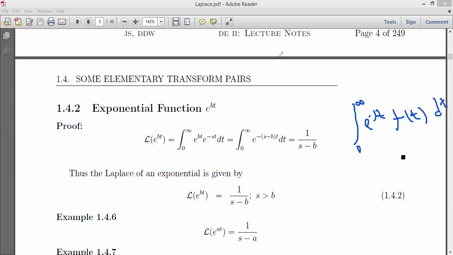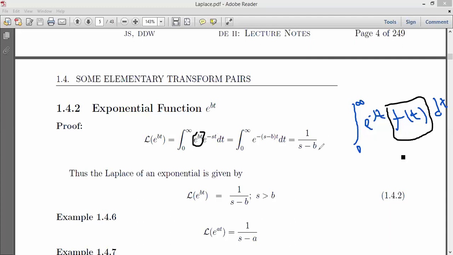So all you need to play with in the various examples that follow is the f of t. In this case, you have your f of t, which is e to the bt.